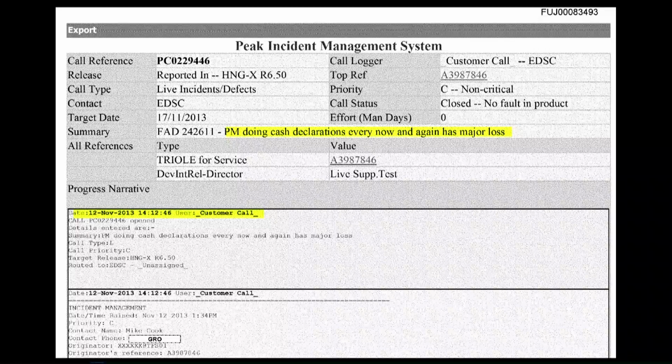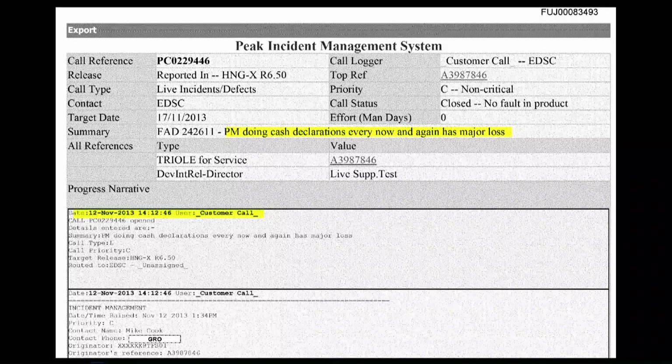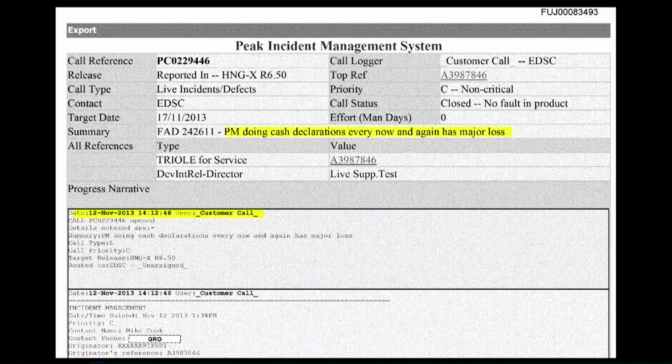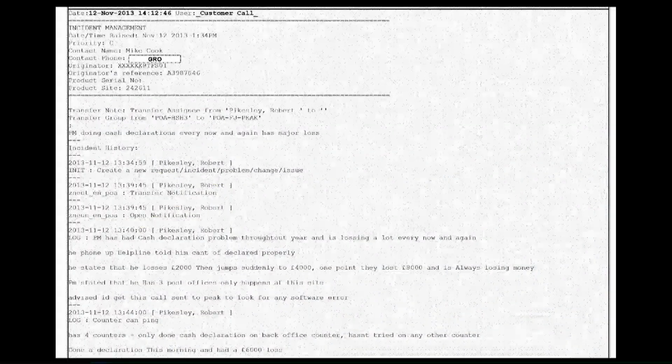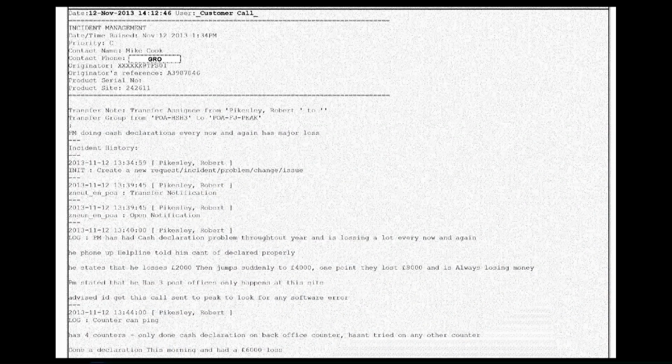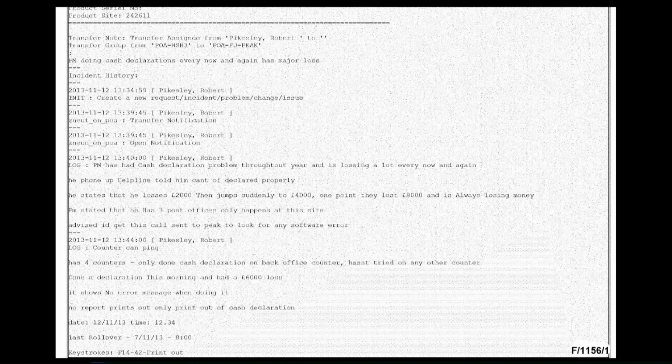Yes? Yes. We can see from the progress narrative, the first entry, exactly the same is entered. And then if we scroll down to the foot of the page, we get a bit more detail. Do you see the entry at 134000? It's about halfway down this page. Yes, that one. Thank you.